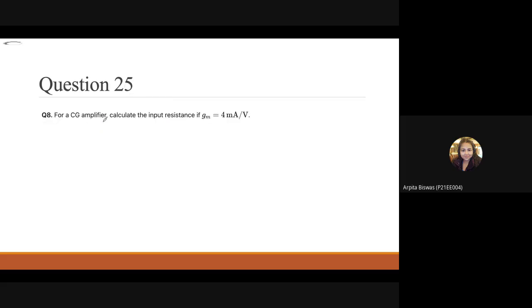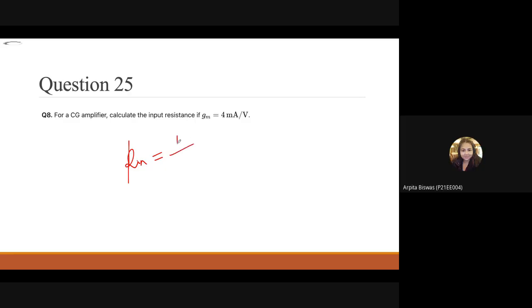For the common gate amplifier, calculate the input resistance if GM equal to 4 milliamps per volt. You have to find out the value of Rin. Ma'am, Rin is equal to 250 ohms. Yes, 250 ohm.